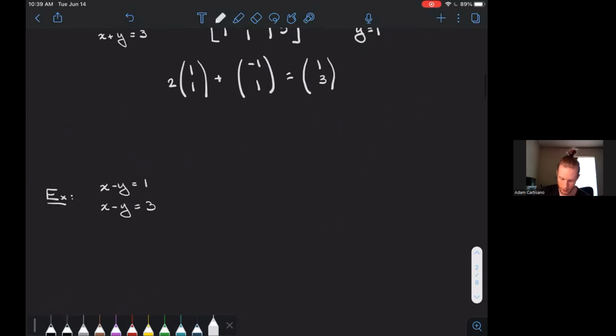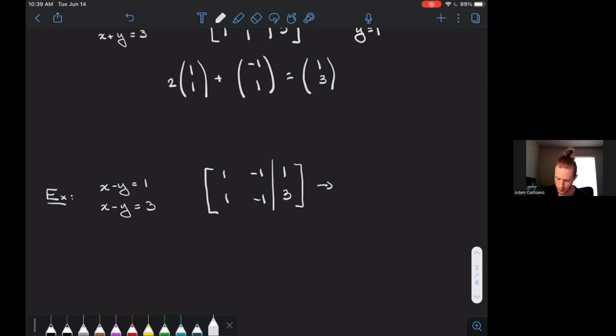On the other hand, if I had this system, notice I have x minus y equals 1 and x minus y equals 3. Those are two parallel lines, so the system will be inconsistent. But we'll just write that down real quick. 1, 1, -1, -1, 1, 3.